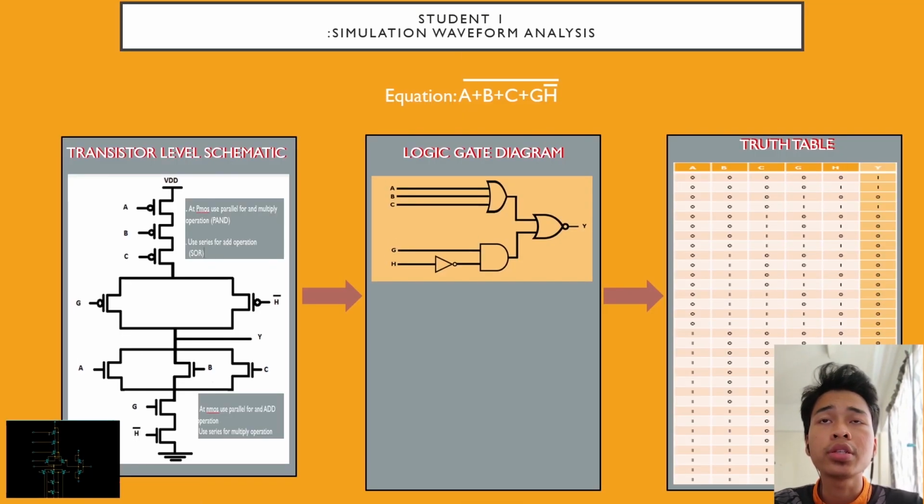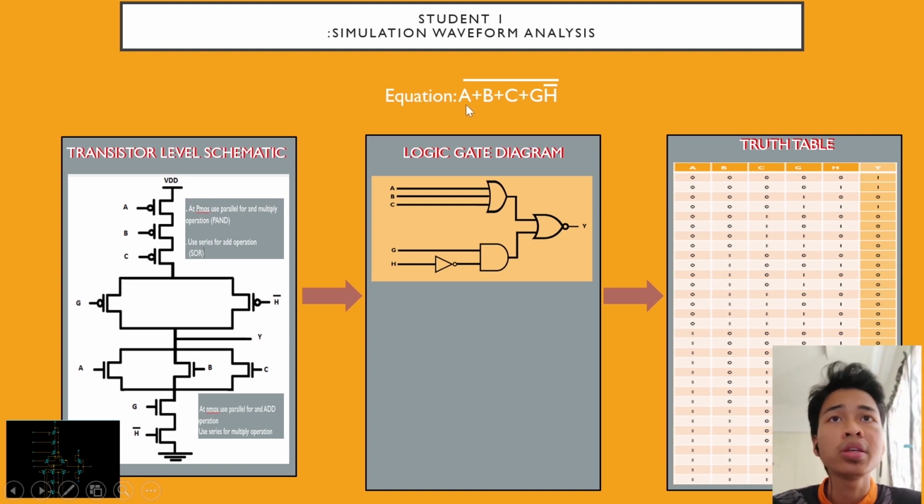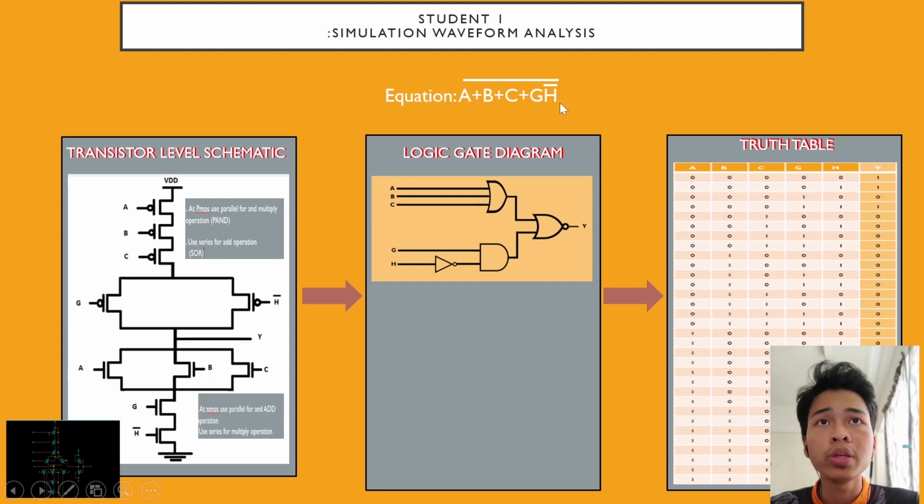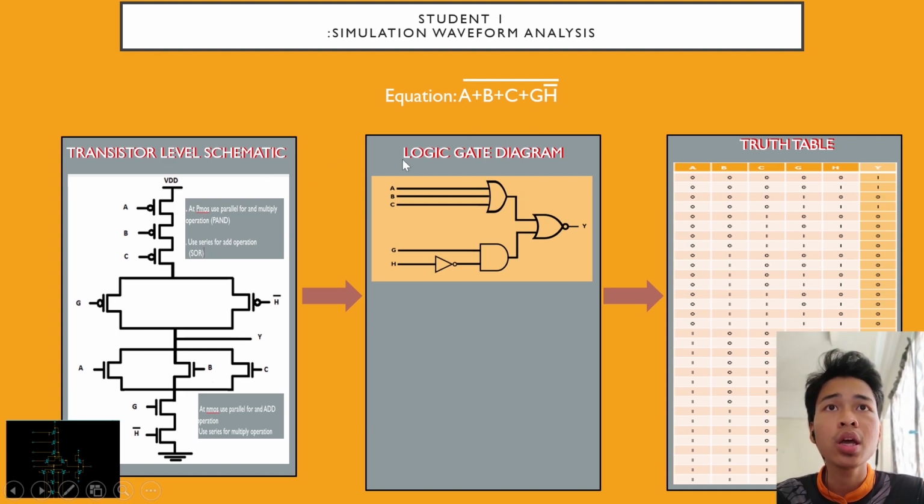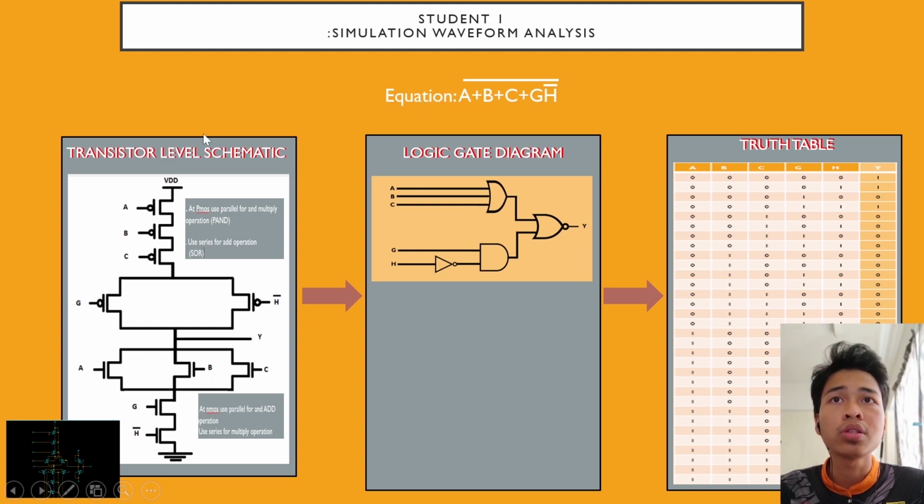So this is our equation, which is Y equals A plus B plus C plus GH bar. This equation will be used throughout this mini project. From this equation, we can create a transistor level schematic by using the pen and paper method.